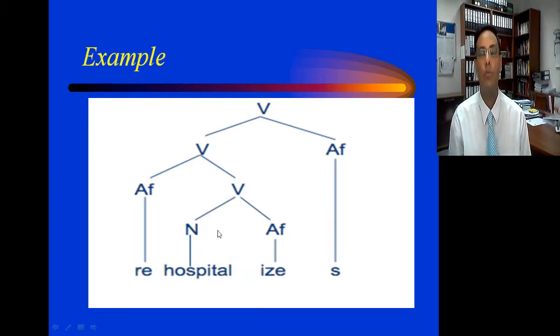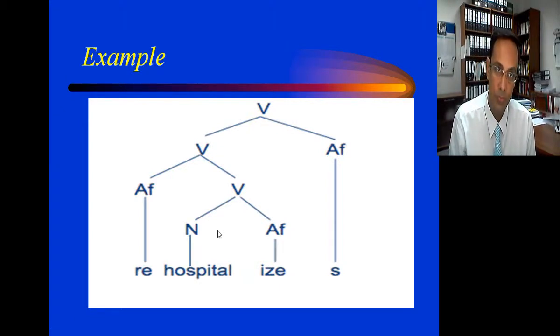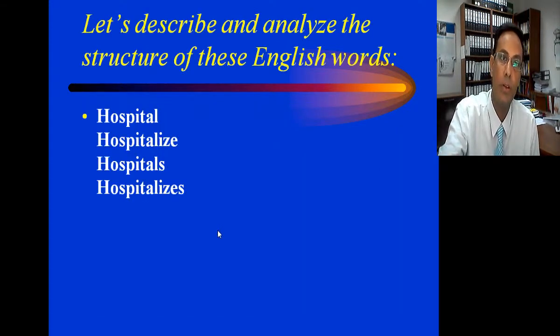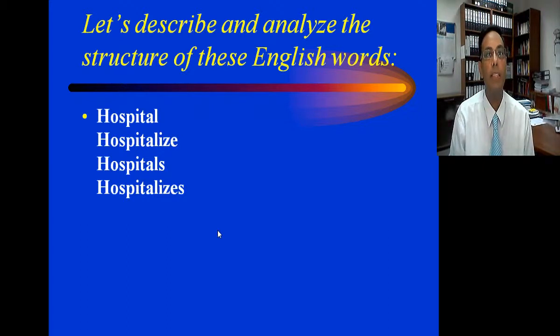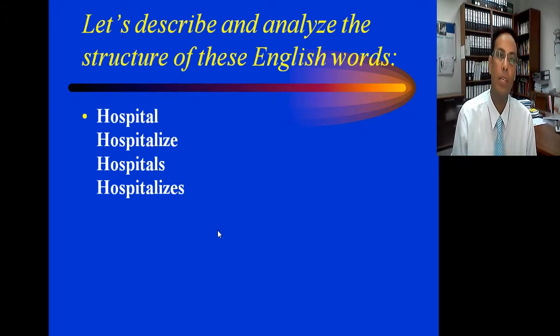This is the way words are composed, the structure of words. This is what we are concerned with in morphology, or word structure. Let's describe and analyze the structure of these English words: hospital, hospitalize, hospitals, hospitalizes. The same way, you can draw a tree diagram to explain the structure of these English words.